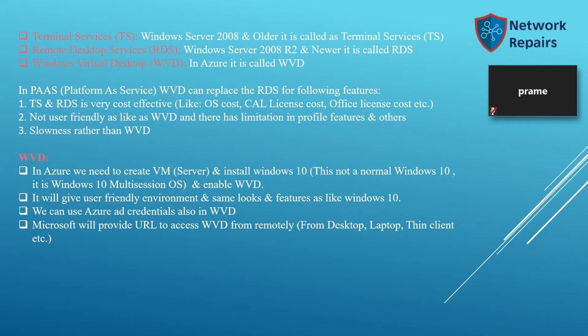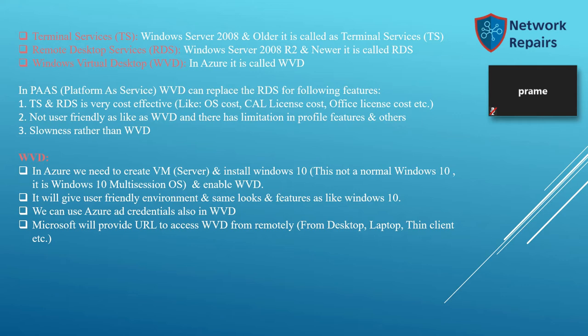In Windows Server 2008 and older, it is called terminal server TS, and in 2008 R2 and newer, it is called RDS. Now in Azure it is called WVD. This is the new technology, the new term, Windows Virtual Desktop.